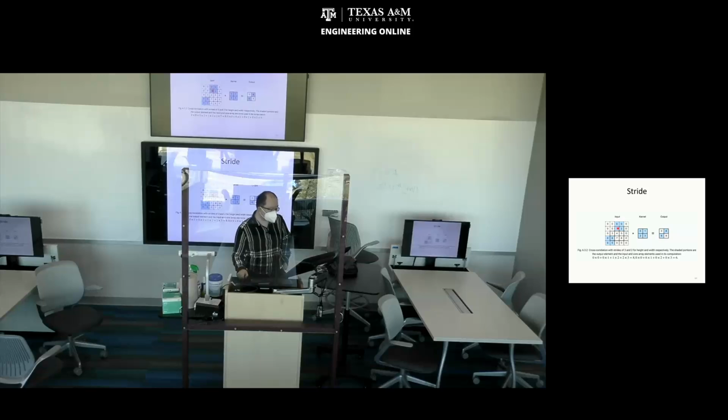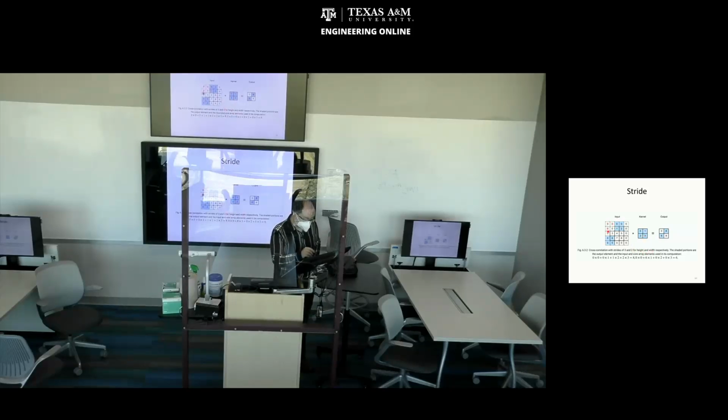For instance, in this case, it's a 2-dimensional image. I use 3 for the height and 2 for the width. So let's think about this. It's a 2 by 2, and for the width I'm using a stride of 2.